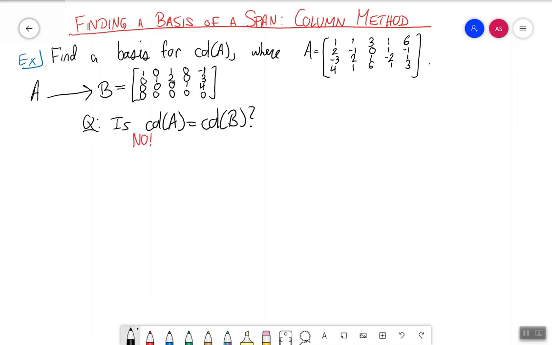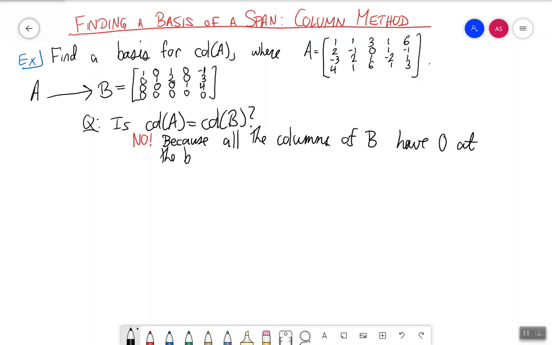Well, why not? It's because all the columns of B have 0 at the bottom, so you can't get any column of A using them.